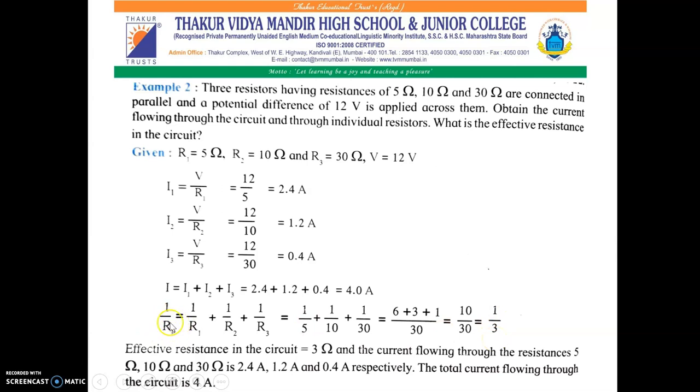So the value of Rp will be what? 3 ohms. So the effective resistance in the circuit is 3 ohm and the current flowing through the resistances 5 ohm, 10 ohm and 30 ohm is 2.4 amperes, 1.2 amperes and 0.4 amperes respectively. But the total current that is flowing through the circuit is 4 ampere.